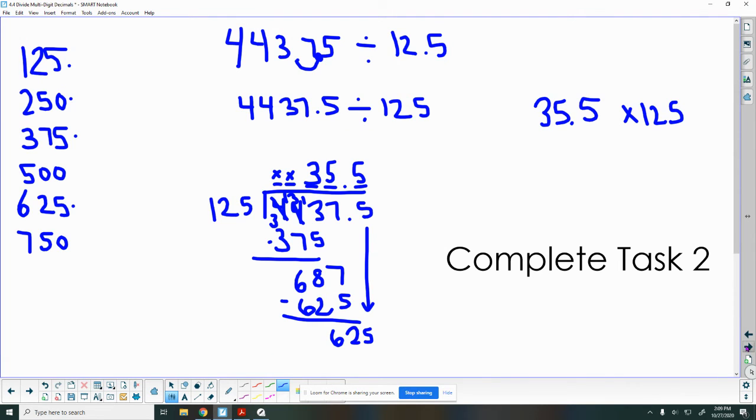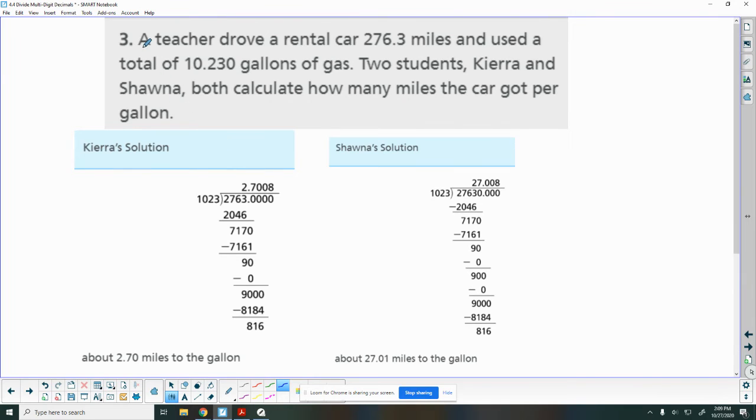Okay, problem 3, task number 3. We've got this teacher driving a rental car 276.3 miles and used 10.230 gallons of gas. Now, one thing we want to remember is we don't need the 0 at the end of a decimal.